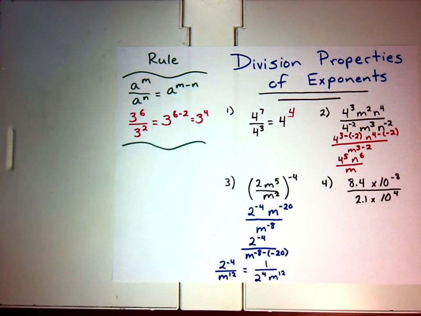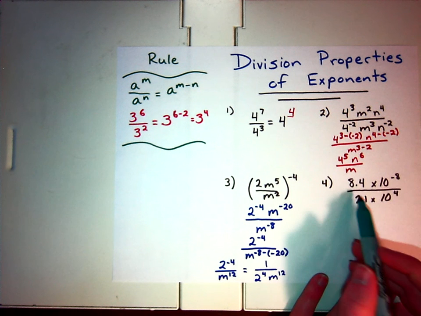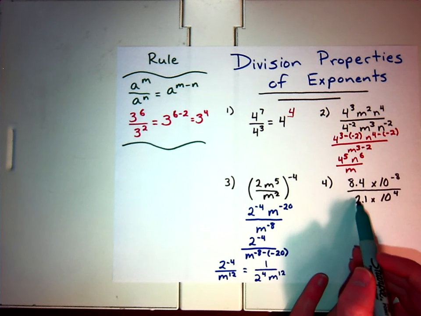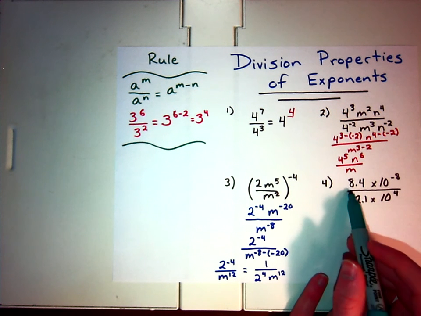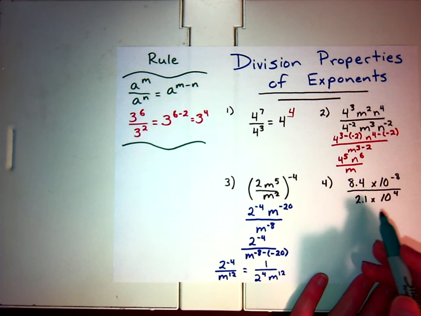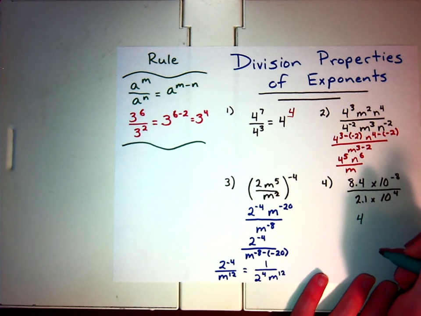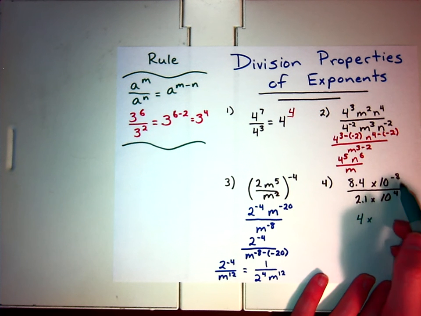And then for example 4, this is working with division when we're working with scientific notation. Okay? So what we need to do is we need to take our coefficients out here, right, these values, and we need to say 8.4 divided by 2.1. Well, that's going to get us to 4. Okay? Then we need to look at 10 to the negative 8th, 10 to the 4th.